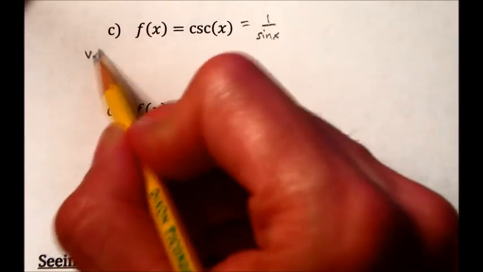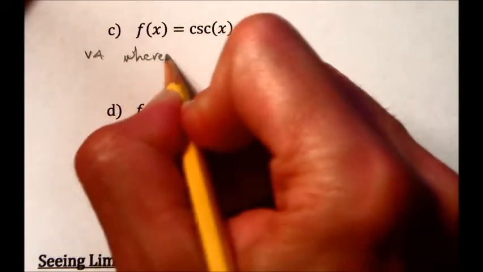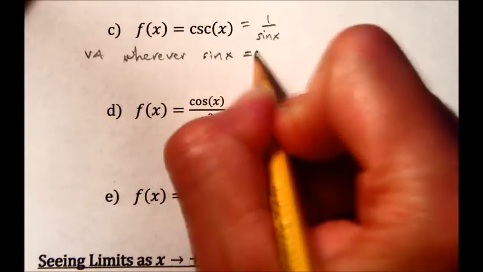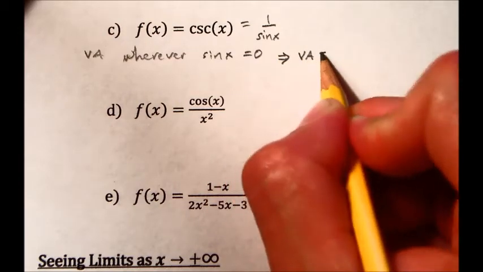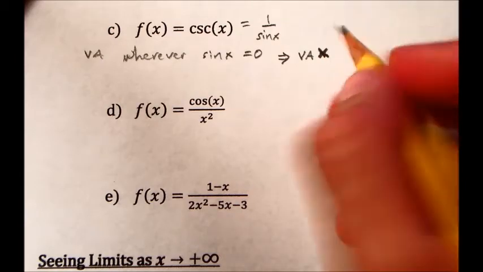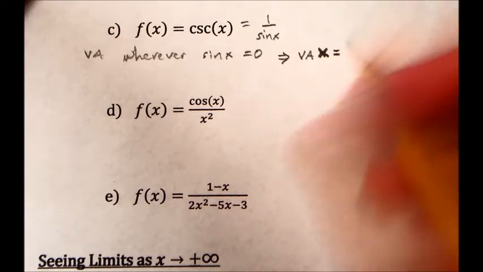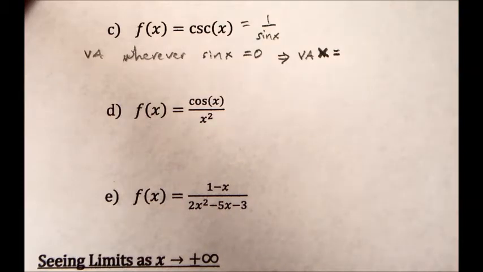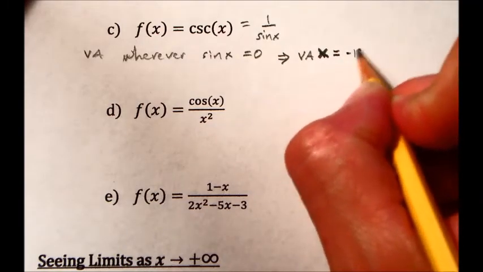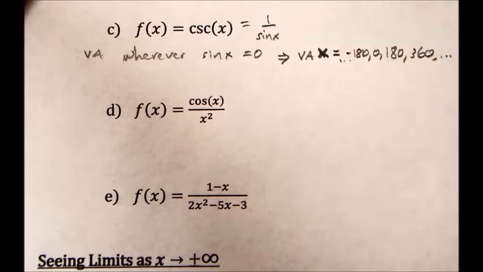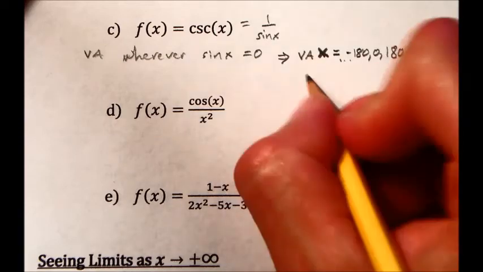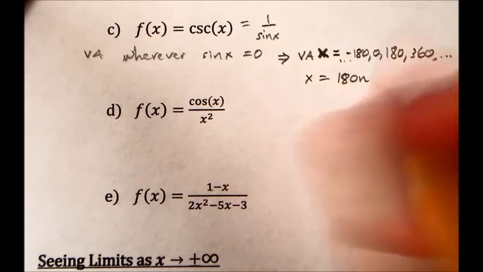This basically states that the vertical asymptotes are at x equals 0 degrees, 180 degrees, 360, basically any multiple of 180. So negative 180, 0, 180, 360, and so on in both directions. So just basically 180n, where n is an integer. So I'm going to go ahead and write x equals pi n. These are the vertical asymptotes.